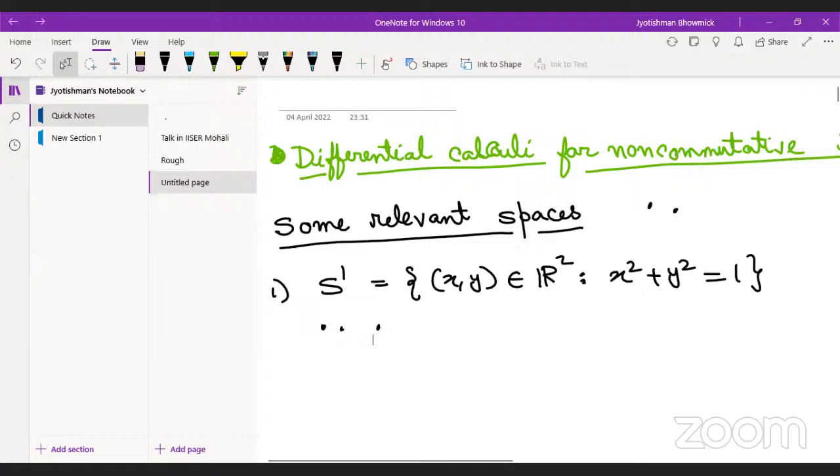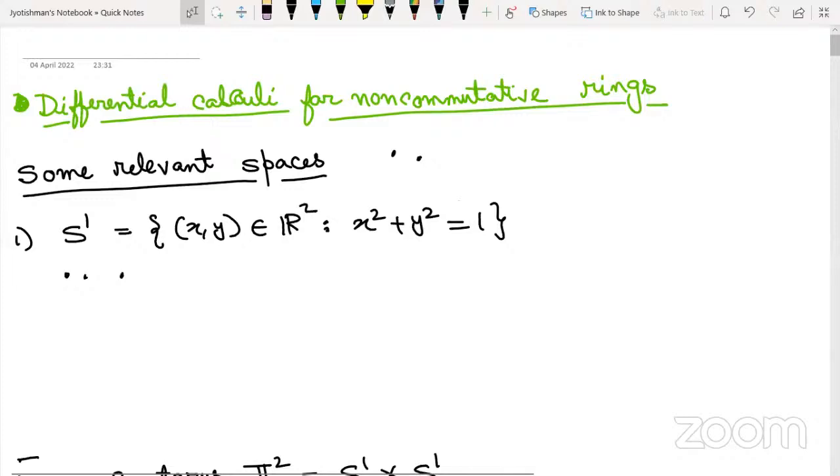So, welcome to today's lecture by Jyotishman Bhowmick. Jyotishman studied at Indian Statistical Institute and later joined the same organization to work as faculty. He is a grad student of my advisor, so that's our lineage.